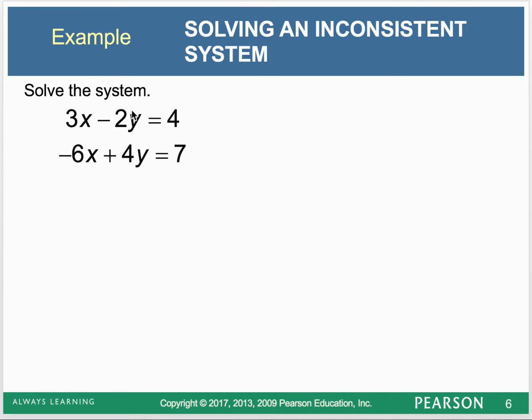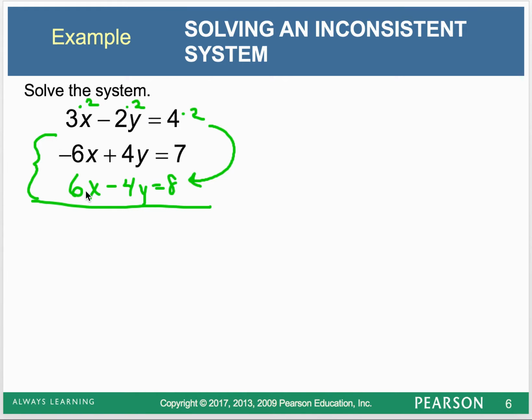That would give me a -4 and a +4, and keep my numbers as small as possible. So if I multiply all the way across by 2, this equation would now become 6x minus 4y equals 8. And now here are the two equations I'm solving.